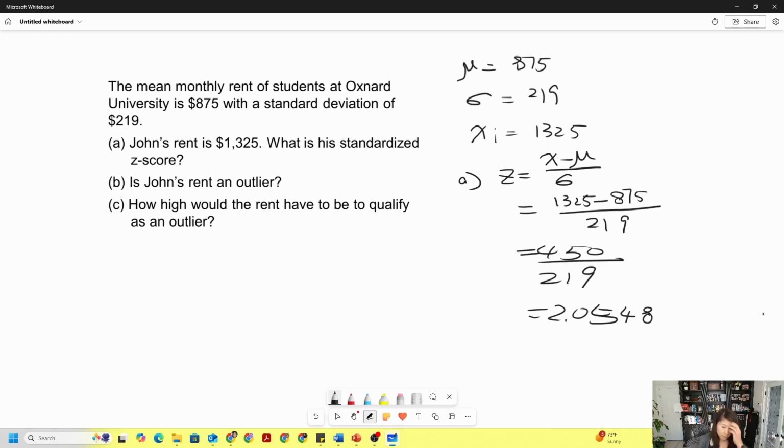Okay, so this is A. What is the z-score? The z-score is 3.488.